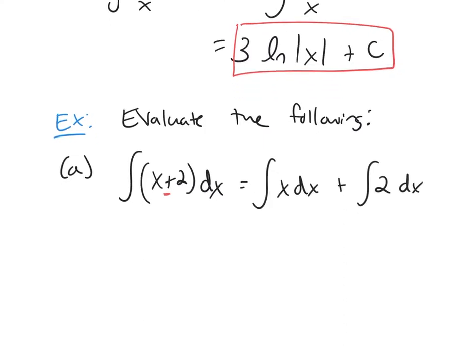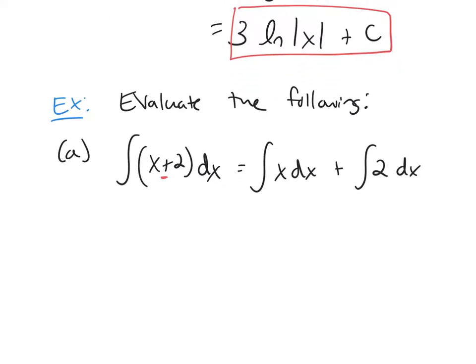And then for x, you're going to do the reverse power rule here. This will be x squared over 2 plus a constant, so we'll go with c1. And now compute this integral here. The integral of 2 is a constant, so the integral is 2x plus a constant, c2.